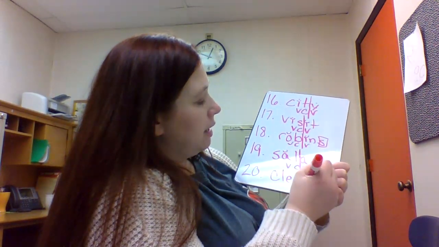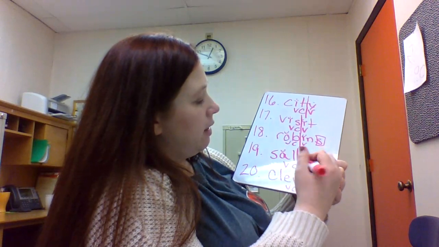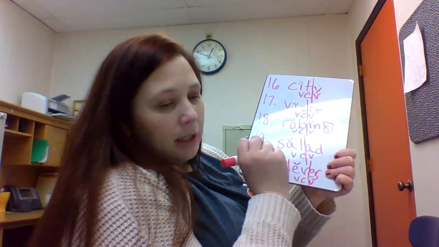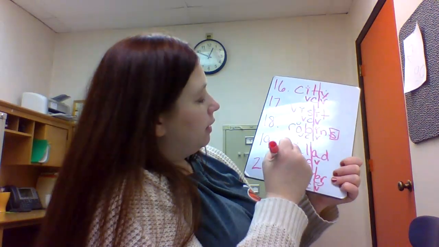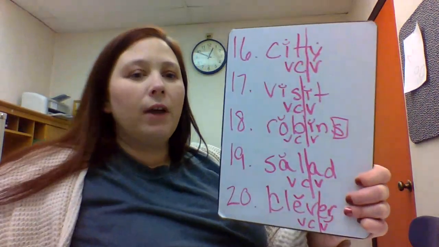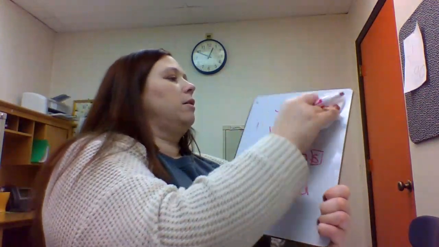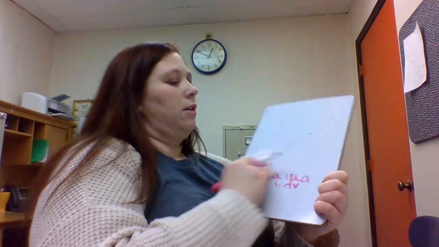And number 20, clever. Aren't you clever? Vowel, consonant, vowel. Our line here, here's our ER arc for a combination. Our E gets a breve and our C gets a K back. Make sure you have all that. Draw a line over to the picture that matches over there for me.